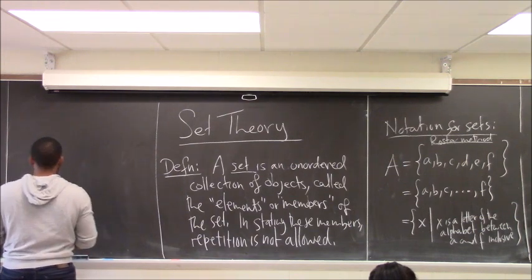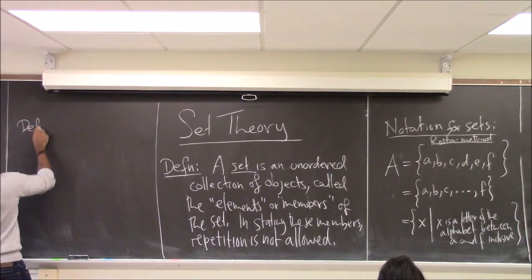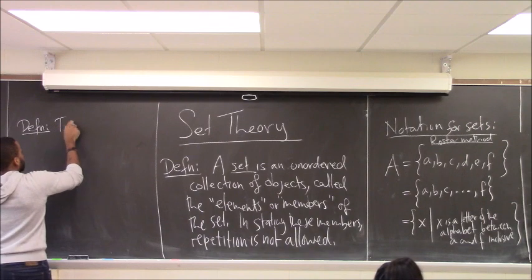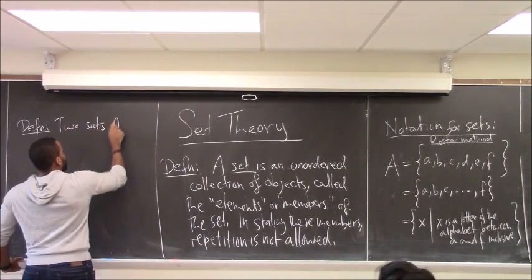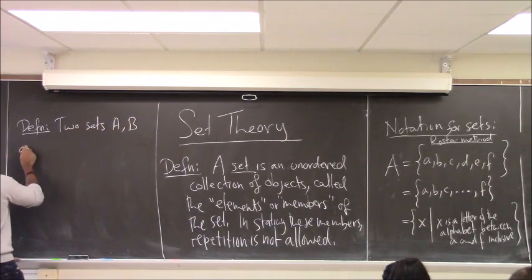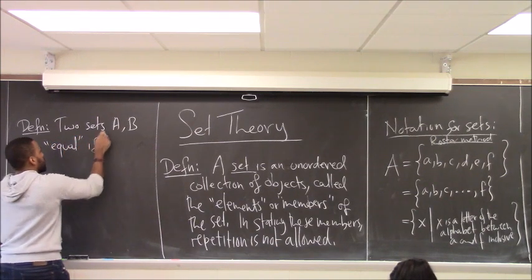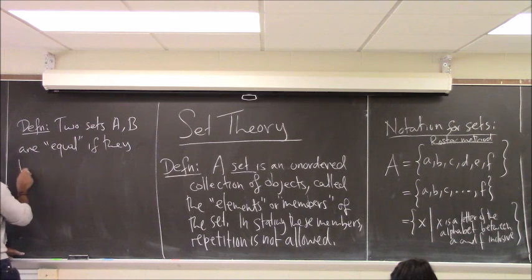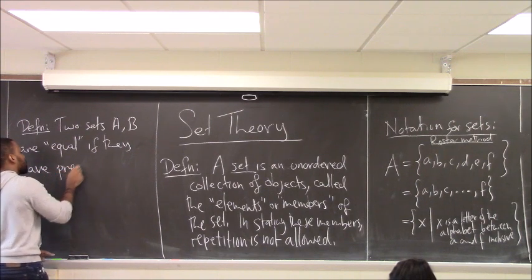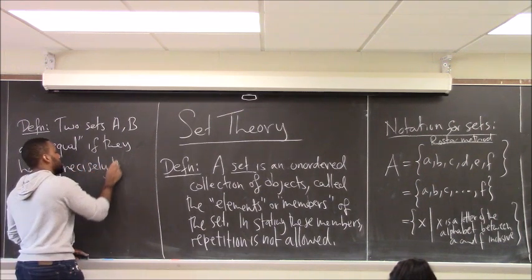And again, here's another definition. Two sets A, B, we call them equal if they have precisely the same elements.